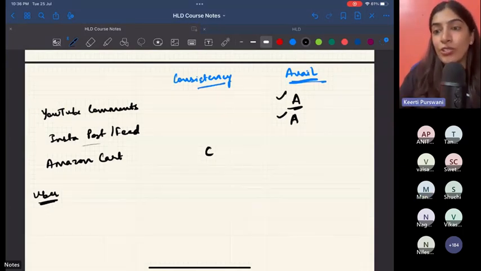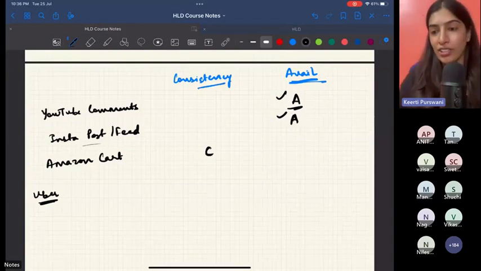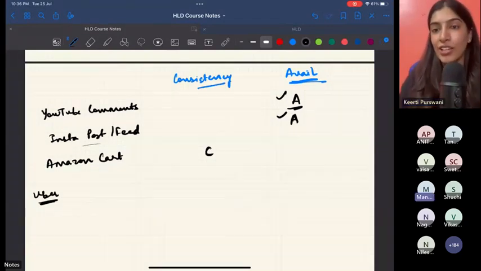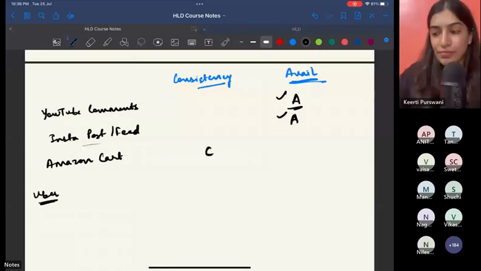For which requirement? Very good to those people who asked which requirement. How can you simply say consistent or available? What feature am I talking about? What requirement am I talking about? Scope. Very good. This is how you start thinking about system design. Think, guys. You're not supposed to just randomly answer. Think before answering.